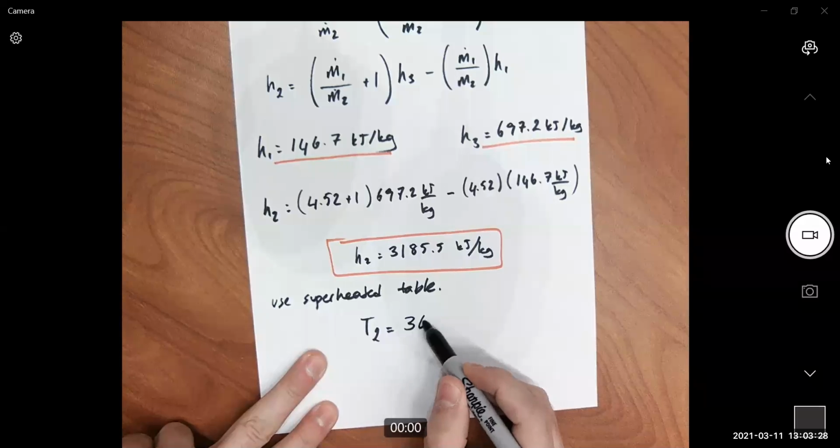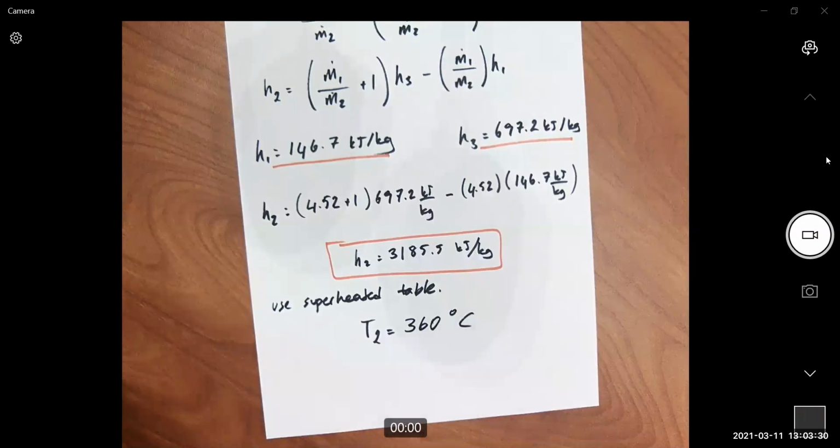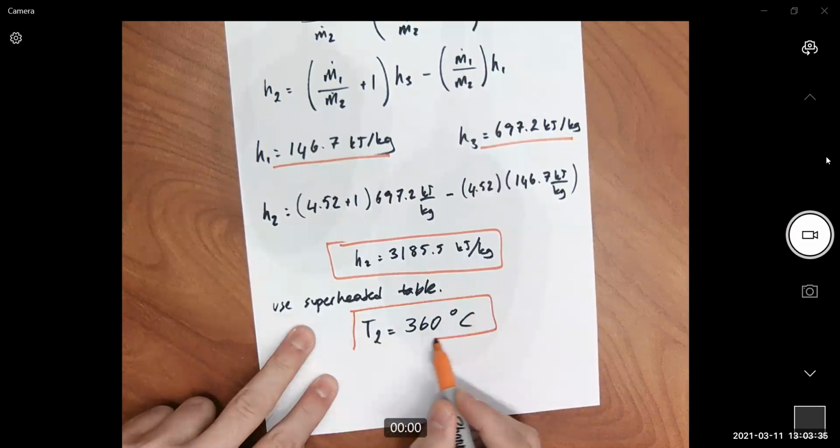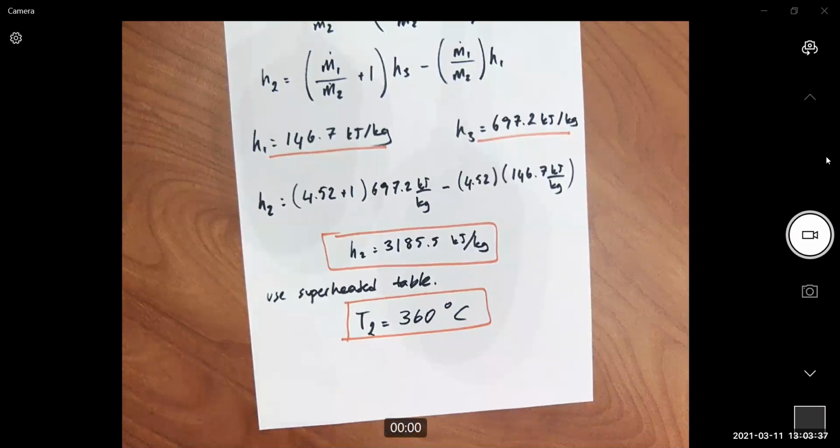Okay, you should get 360 Celsius. All right. That's at 7 bars.